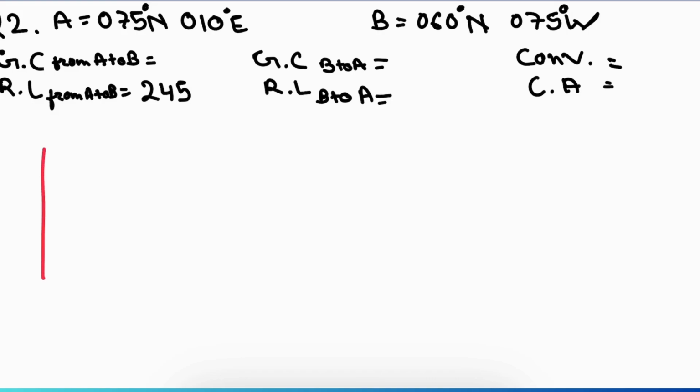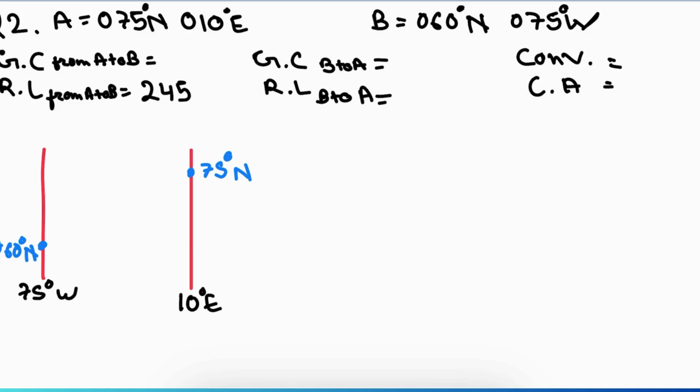We have two longitudes here and here, which are 10 degrees east and 75 degrees west. The latitude points are 075 degrees north and 060 degrees north.